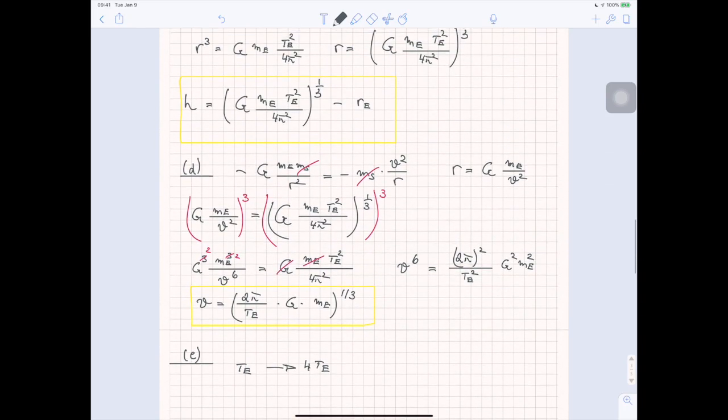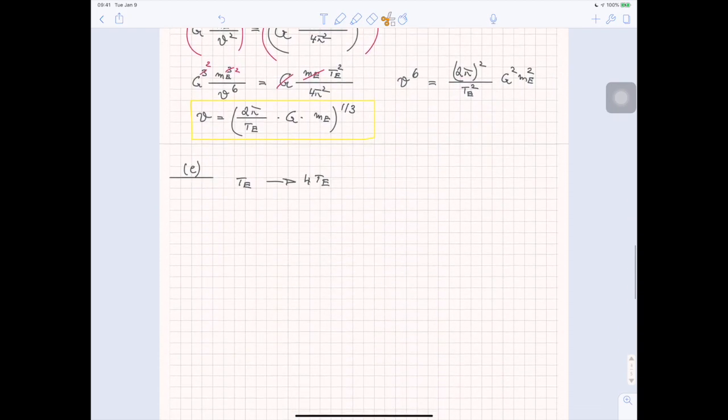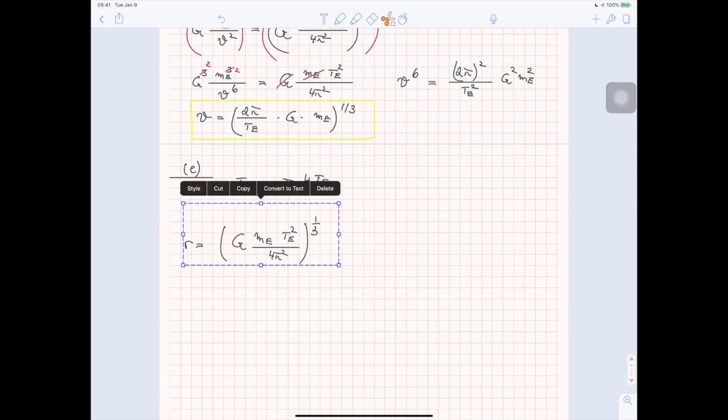Let's first go back to our relation for r. We copy this. So what would we have now? We replace Te by 4Te.